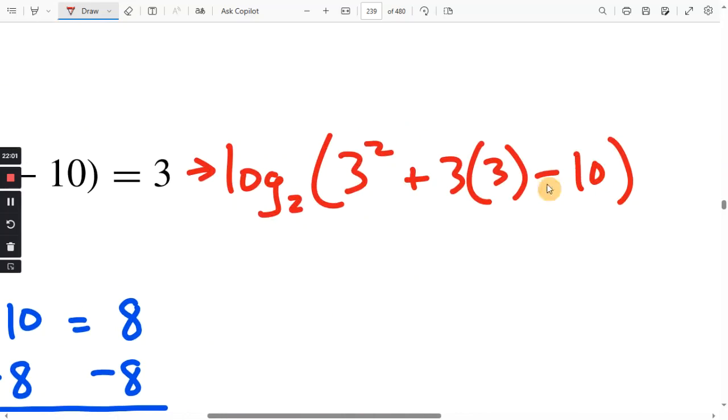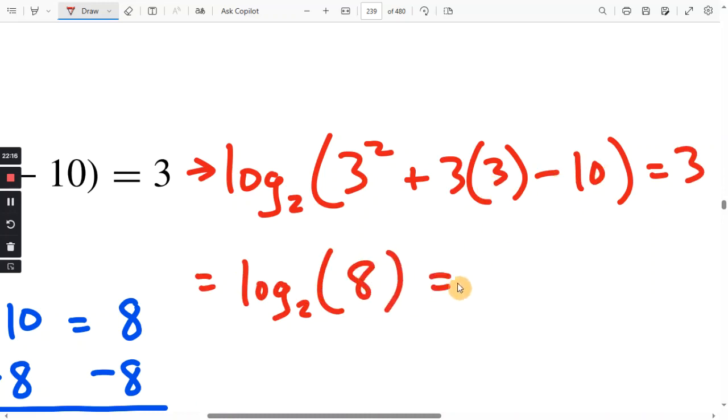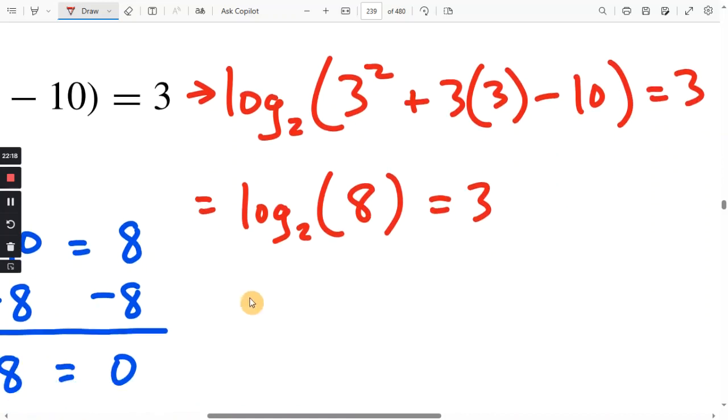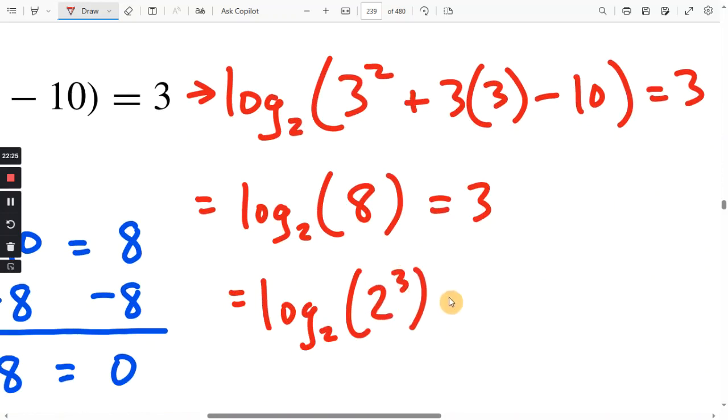Close parentheses, and that equals 3. All right, log base 2. 9 plus 9 is 18, minus 10 is 8, and that equals 3. Okay, and that's the same equation we had before. So we know it's true. We said 8 was the same as 2 to the third, and the bases match here, so this is basically just 3 equals 3.